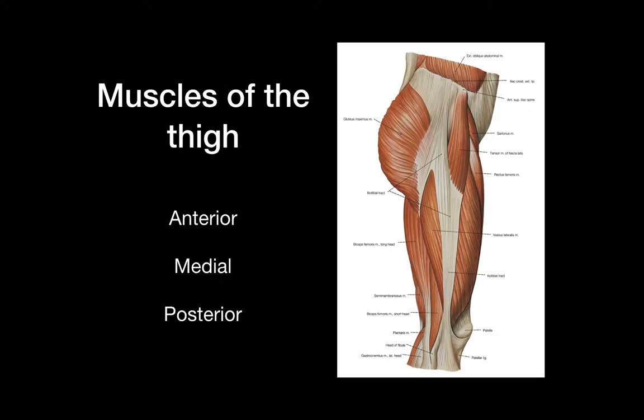Now that we're done with the muscles of the pelvic girdle, we're going to go over to the muscles of the thigh. The muscles of the thigh provide and maintain walking. The anterior muscle group is going to mainly consist of extensors, the medial muscles are going to be mainly adductors, and the posterior is going to be mainly flexors.